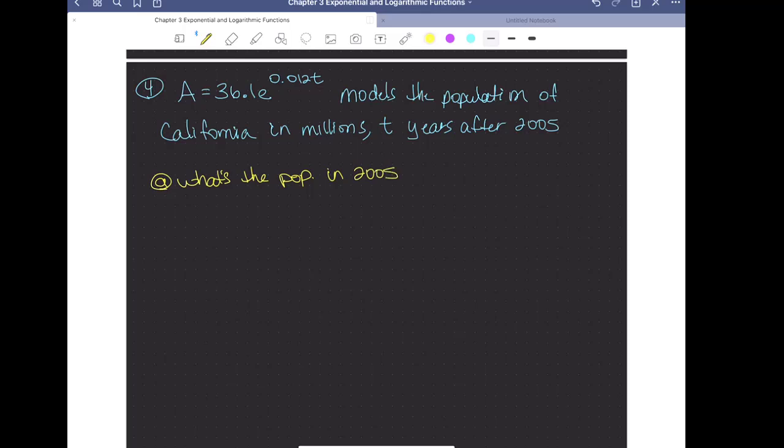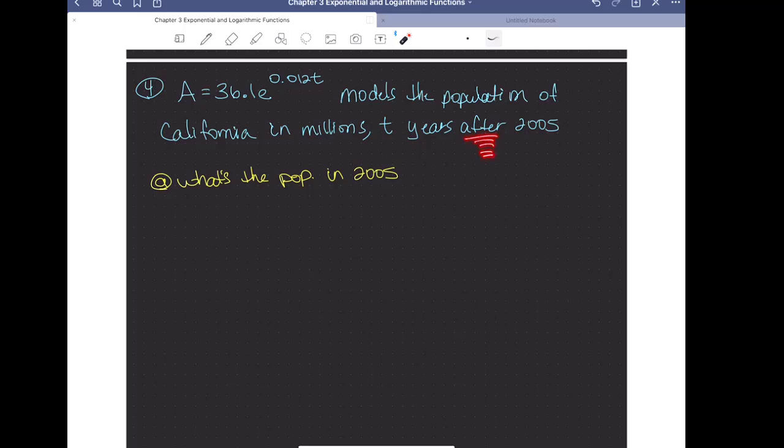So they like to give you problems like this to see if you guys are paying attention to some key words in there, right? So in the explanation of that equation for that population, what does t represent? The years after 2005, there's a key word.